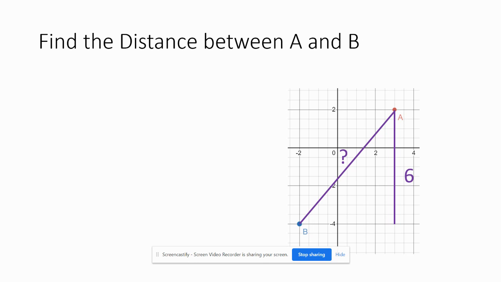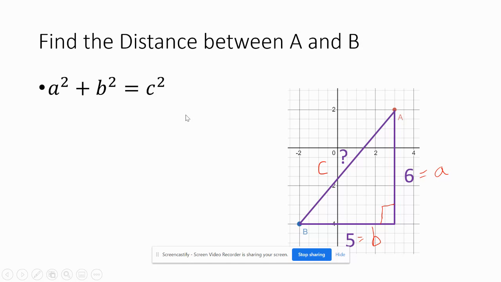And then this would be 5. Okay, so our base is 5. Our other leg is 6, and we're trying to find C. So we're trying to find that length, and we're going to substitute them in using our Pythagorean theorem.